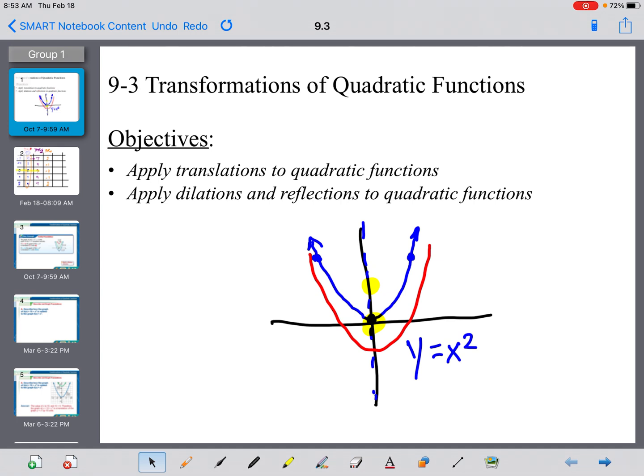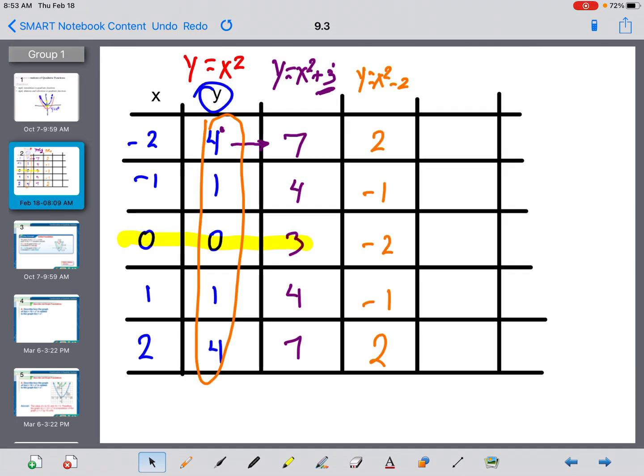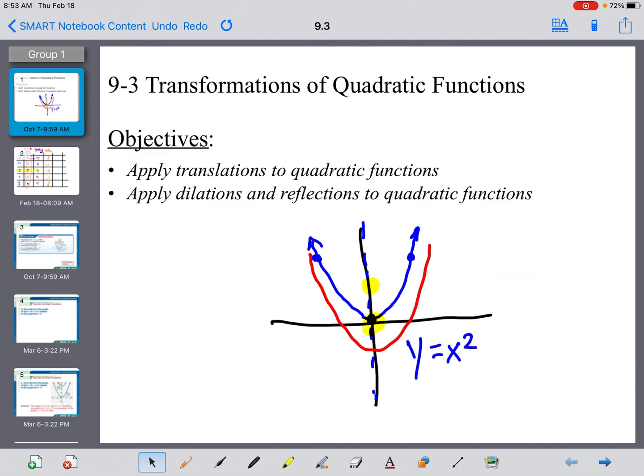So the vertex would move to 0, -2, right? See it here? 0, -2 would be the vertex. And like -2, 2, and +2, 2. So when I go back over here, you can see how that roughly fits our picture.